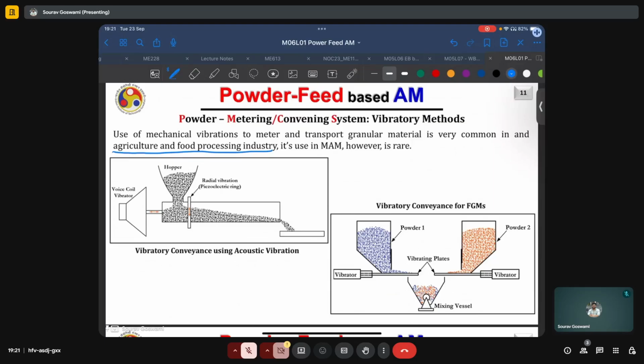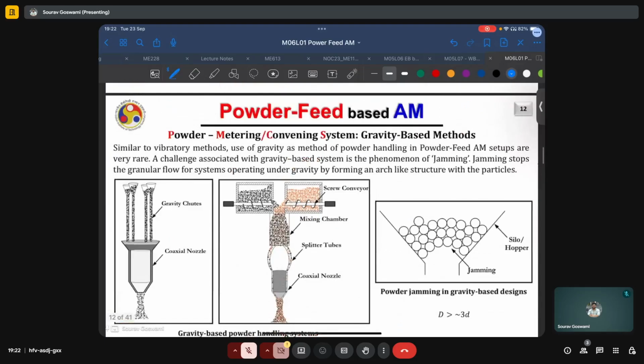Here we have two examples where the combination of a voice coil vibrator for longitudinal vibrations and radial vibration by the use of a piezoelectric ring can be used to transfer metal powder from a hopper to the substrate, or by using vibrators again for alloying of two powders inside a mixing vessel.